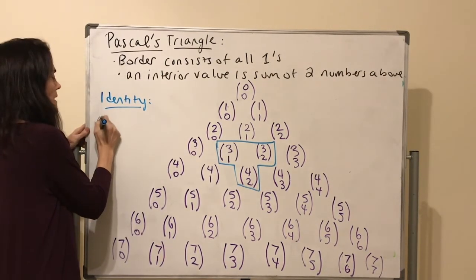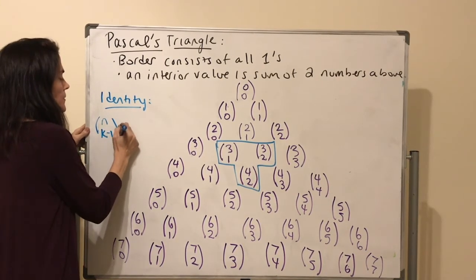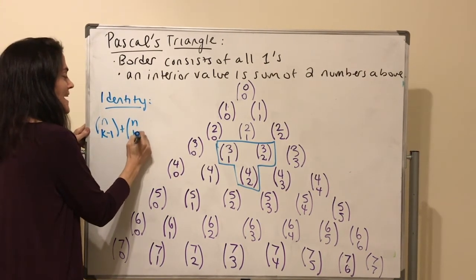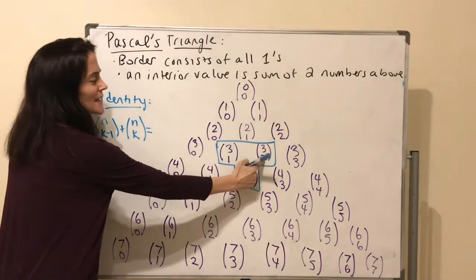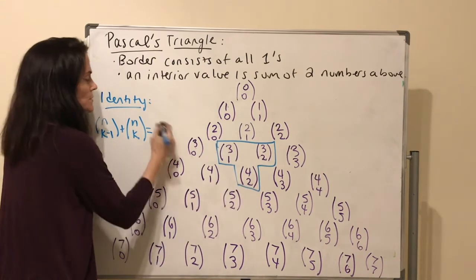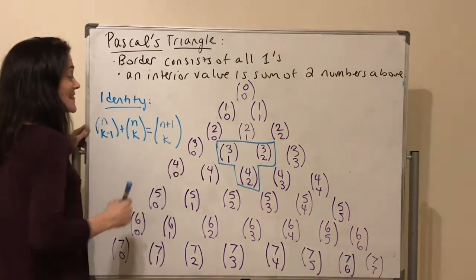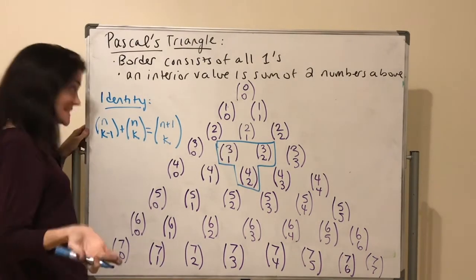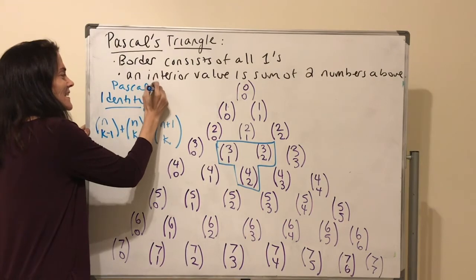It says if you take n choose k minus 1 plus n choose k, this equals, you see it, n plus 1 choose k. This is an identity. In fact, it's called Pascal's identity.